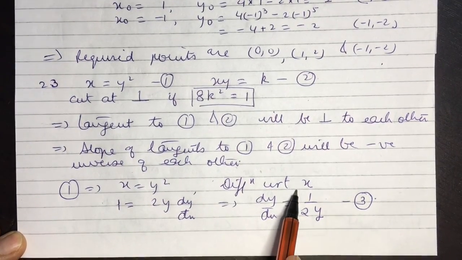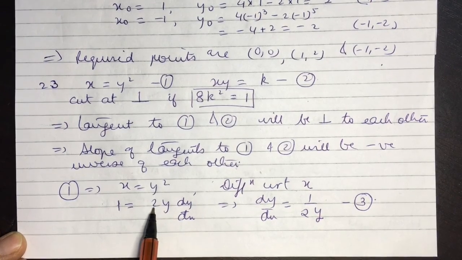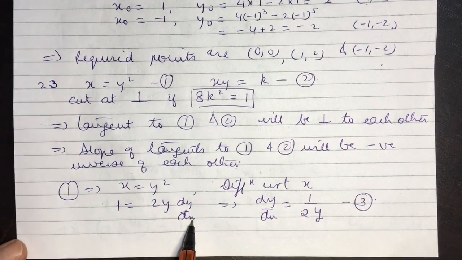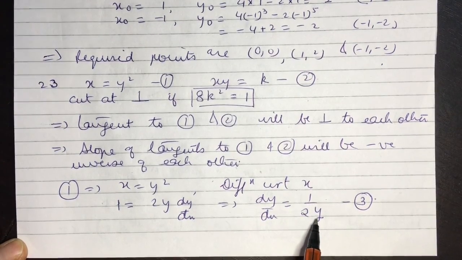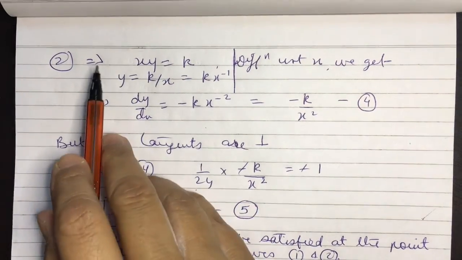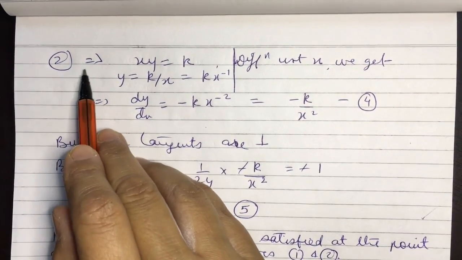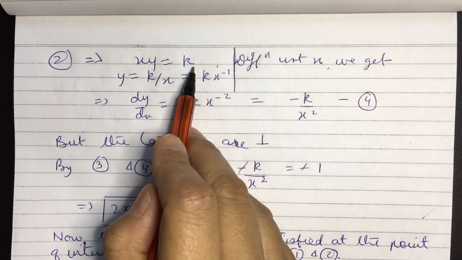So differentiating with respect to x, we get 1 is equal to, applying chain rule, 2y dy by dx, which gives us dy by dx is equal to 1 upon 2y. Let's call it equation number 3. Let us now find the slope of the next equation, which is xy equal to k.